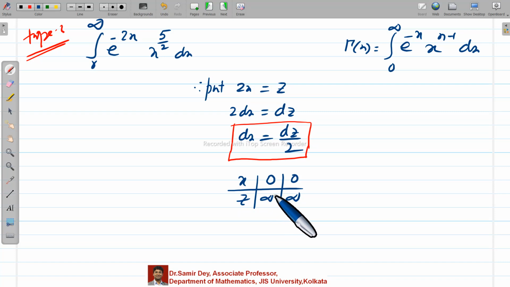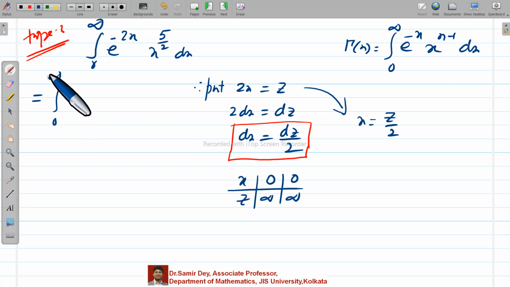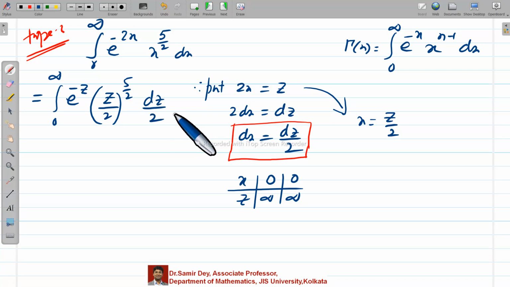Clear? Okay. Now from here, what is your x? x equals z by 2. Now replace it one by one. So first you write the range, then e to the power minus z, then z to the power, x equals z by 2, so z by 2 to the power 5 by 2. What is your dx? dx equals dz by 2.